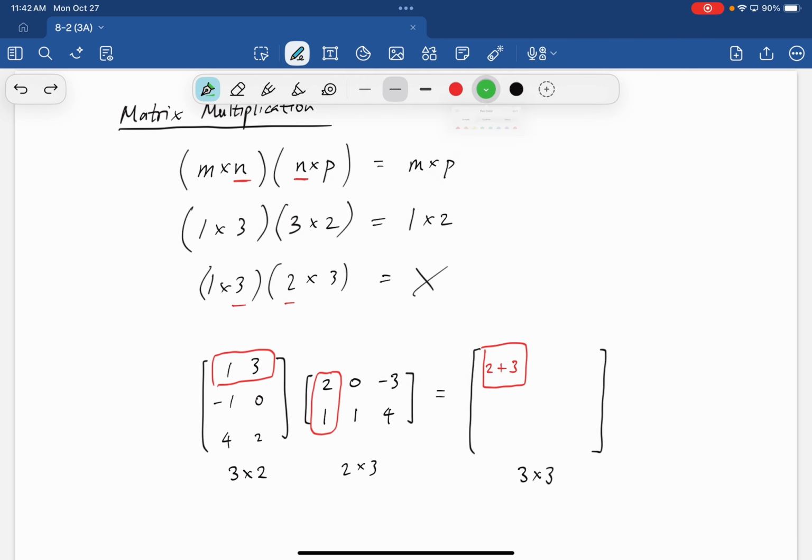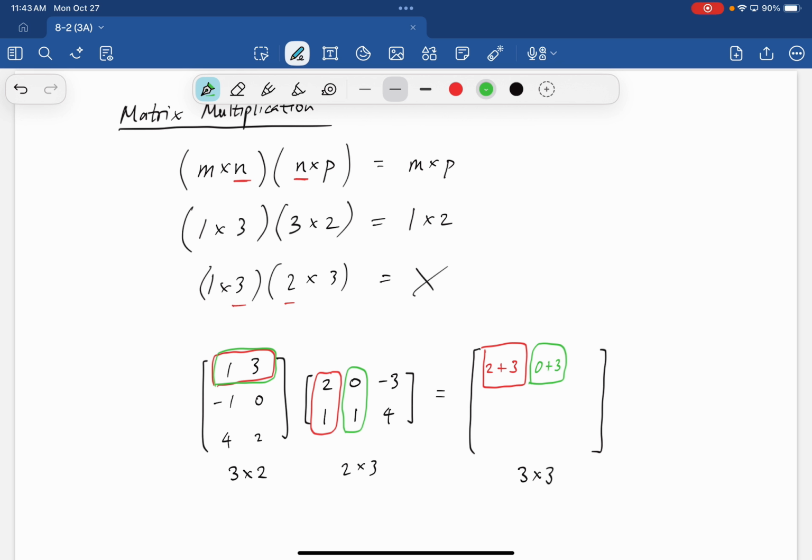And then the next one, this element here, what I do is I take the first row and now the second column. Okay? Why is that? That's because this is the position first row, second column, right? So I take the first row of the first matrix and the second column of the second matrix. Okay? And that's going to give me 0 plus 3.